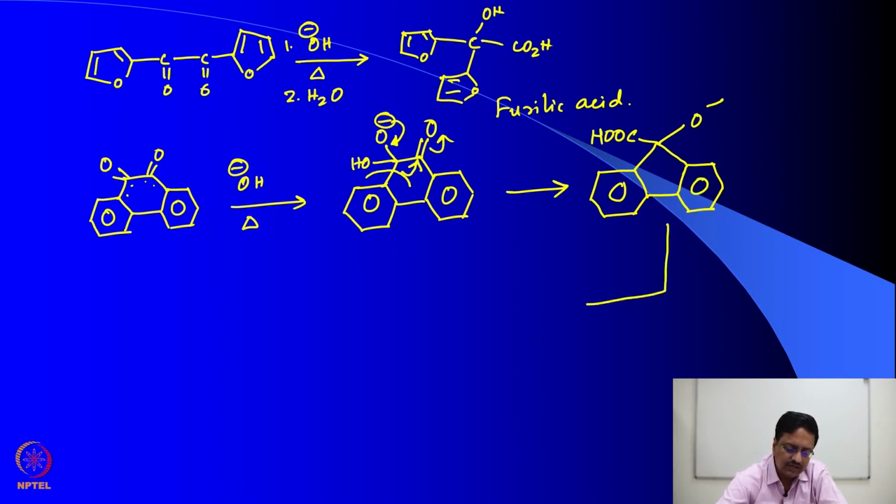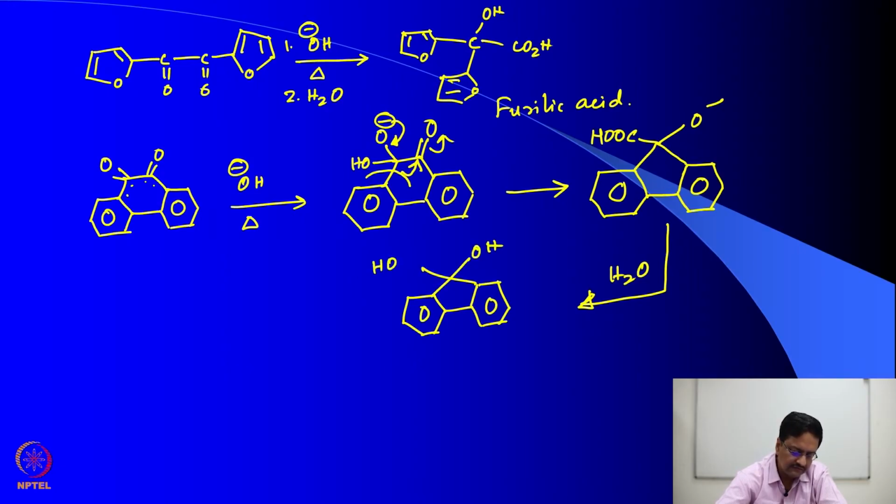This compound then on hydrolysis gives the corresponding product of a benzyl to benzylic acid kind of rearrangement reaction, and the ring size is now reduced and it has the CO2H and OH, which is an alpha hydroxy carboxylic acid. So, this is another example of a benzylic acid type of rearrangement in organic synthesis.